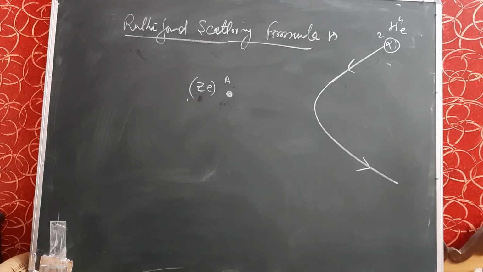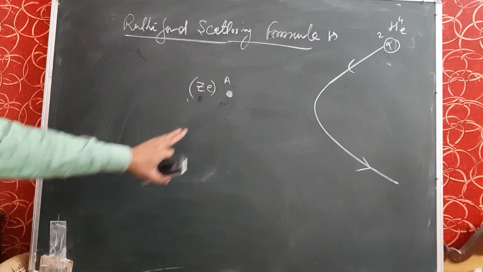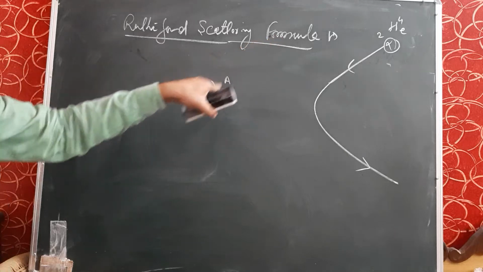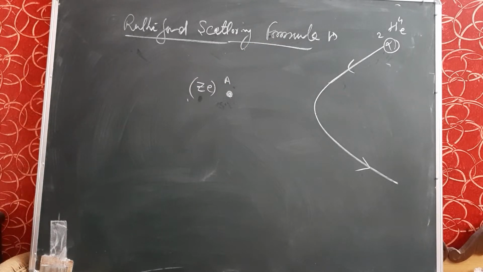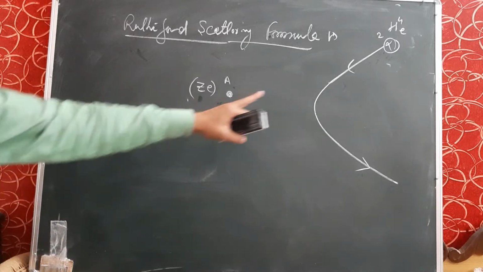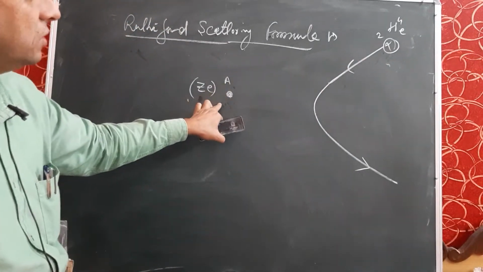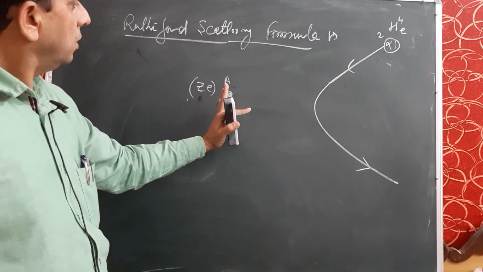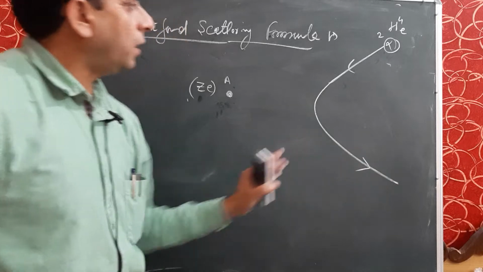So, why do we use this heavy nucleus? The heavy nucleus is used to show that the nucleus remains undisturbed, or at rest, after scattering or colliding with the alpha particle. The alpha particle is coming and moving towards this side A, but due to the strong force of repulsion it deflects from its path.